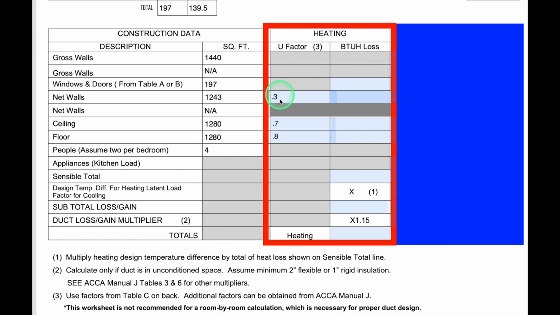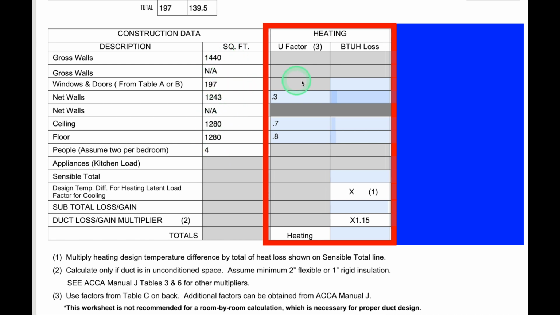The goal of the heating section is to calculate the BTUH heating loss. Everything in gray we don't really have to worry about. It's grayed out for a reason. It's not necessary to put any information in these boxes. But we will have to start putting in the BTU loss from table A, because table A is our heating loss chart for windows and doors. This is our square footage, an area from the construction of the building.